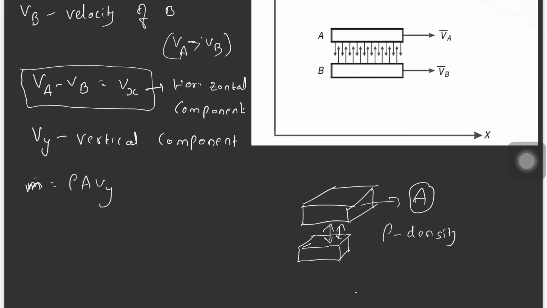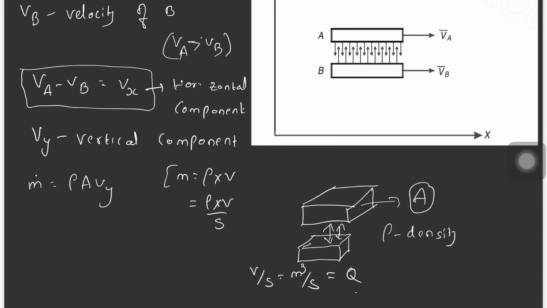Okay, that is important here, mass transfer per second. Why rho A Vy? We know mass m is equal to density into volume, that is rho into V. Since we are assuming mass per second, we can write it as rho into V by second. Volume per second, the unit will be meter cube per second.